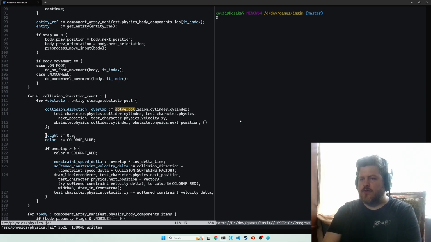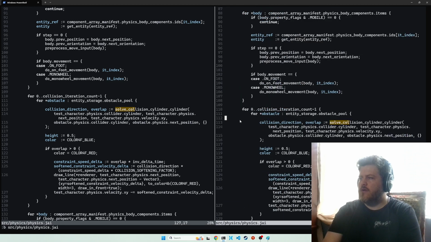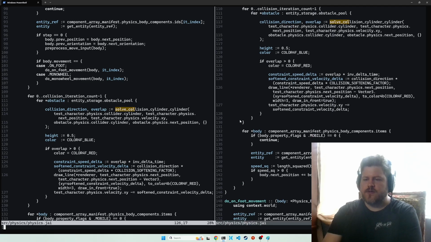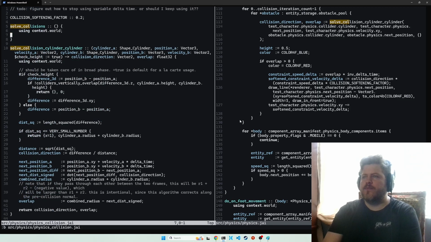So I'm actually going to move this all back into the physics collision code over here. And just call it solve collision.